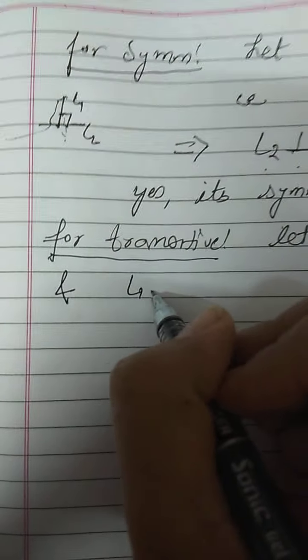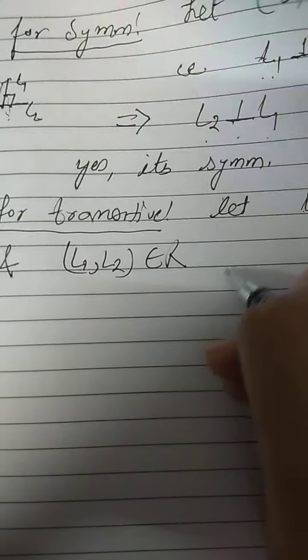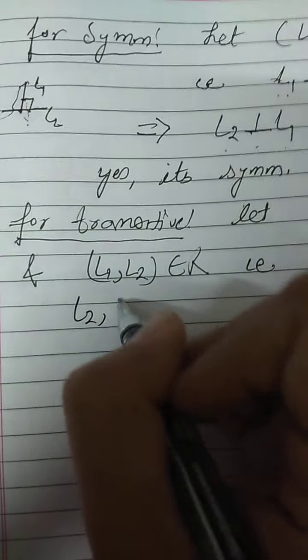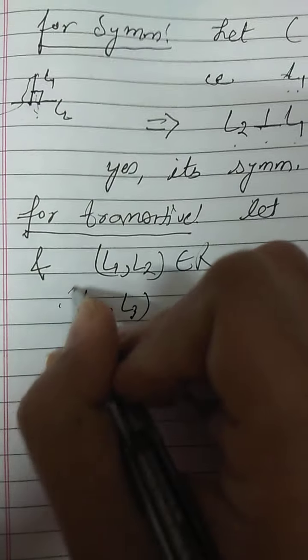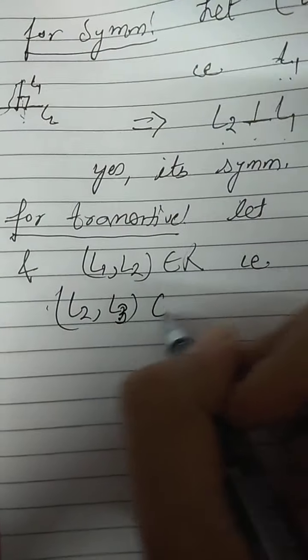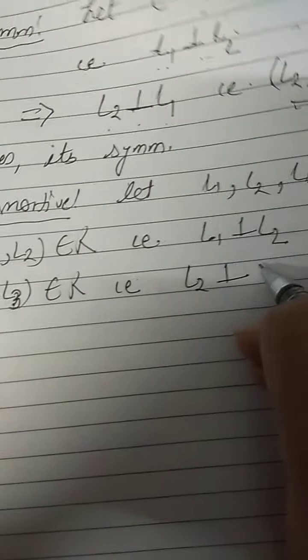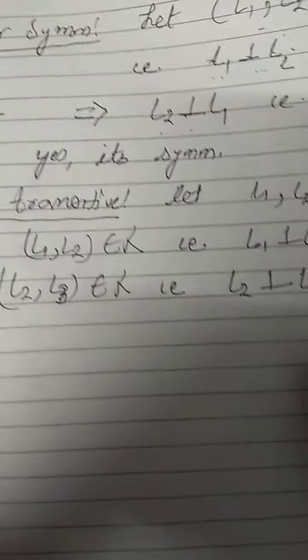Let L1, L2, L3 belong to the set A. Three lines are there, and we will say (L1, L2) belongs to R. What does it mean? It means L1 is perpendicular to L2, and (L2, L3) belongs to R. It means L2 is perpendicular to L3, right?